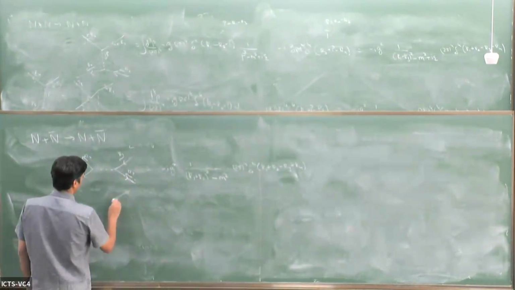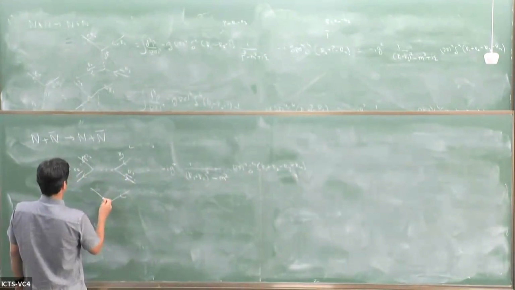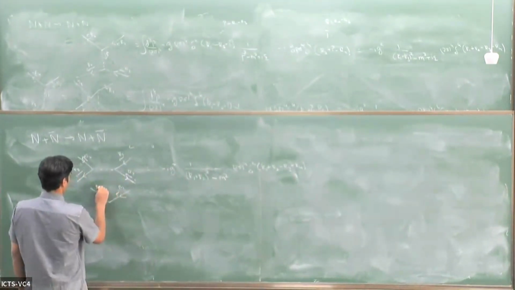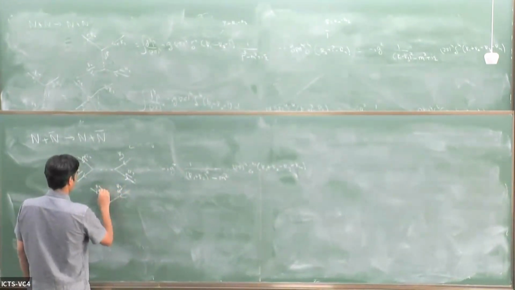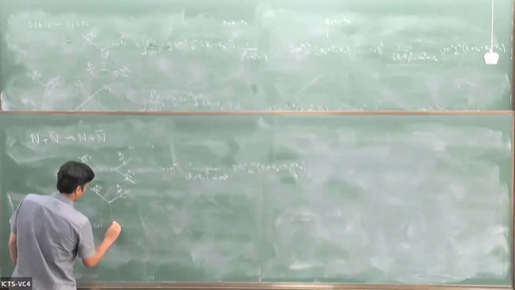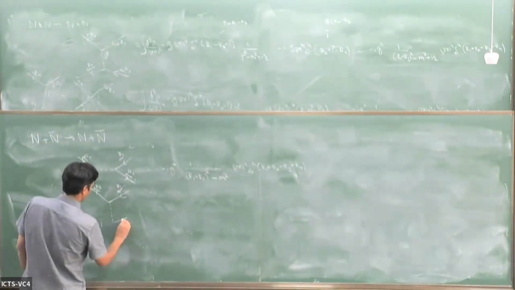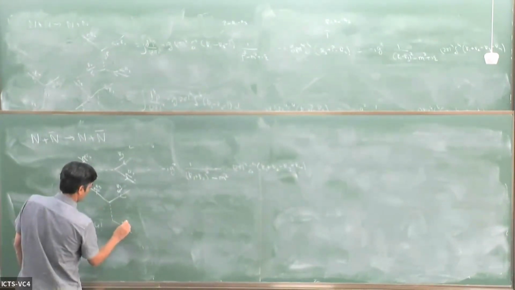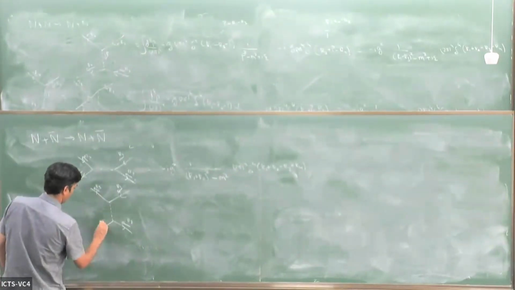So there's another diagram, and the other diagram is this, which is you draw this and you draw this one going out. So this is K1, this is K3, and then you have K2, and you have here K4.